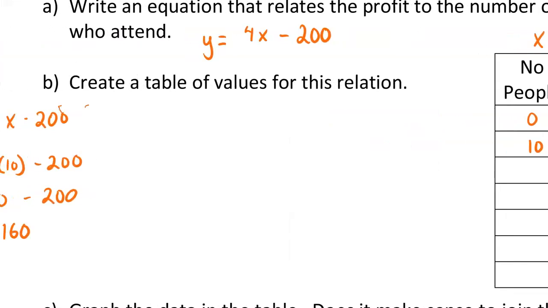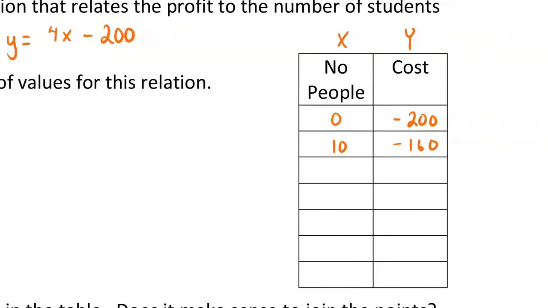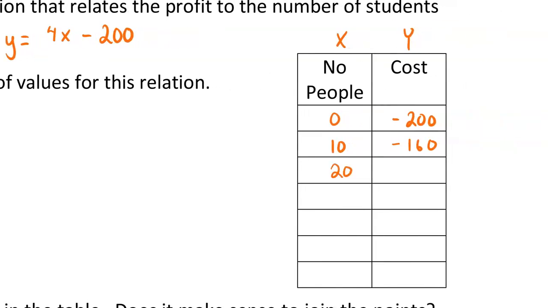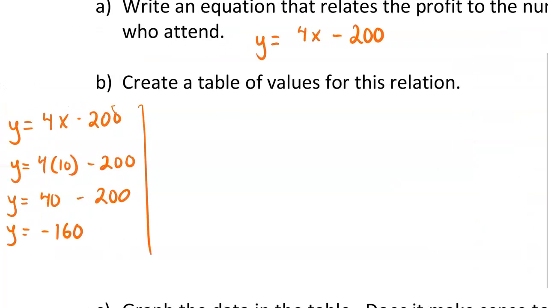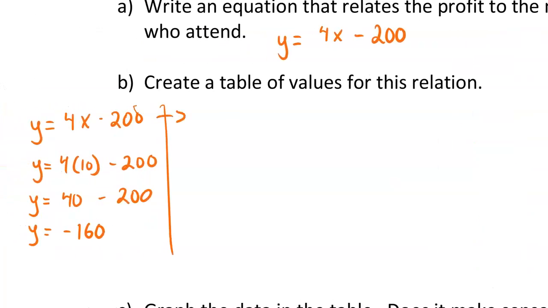Next part would be, well, what if we went up to 20, and then 30, 40, 50, and 60. So let's look at what 20 would be. Same formula comes over. This time we're just inputting for x.